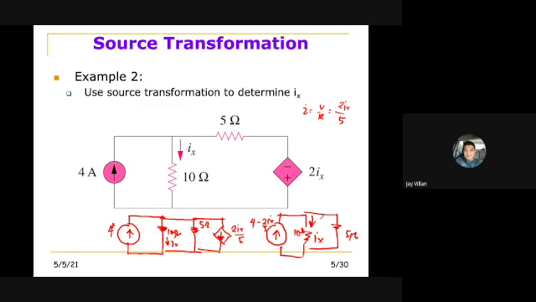Solving, Ix is equal to 4 minus 2Ix over 5, times 5 divided by 10 plus 5. So what is your Ix?